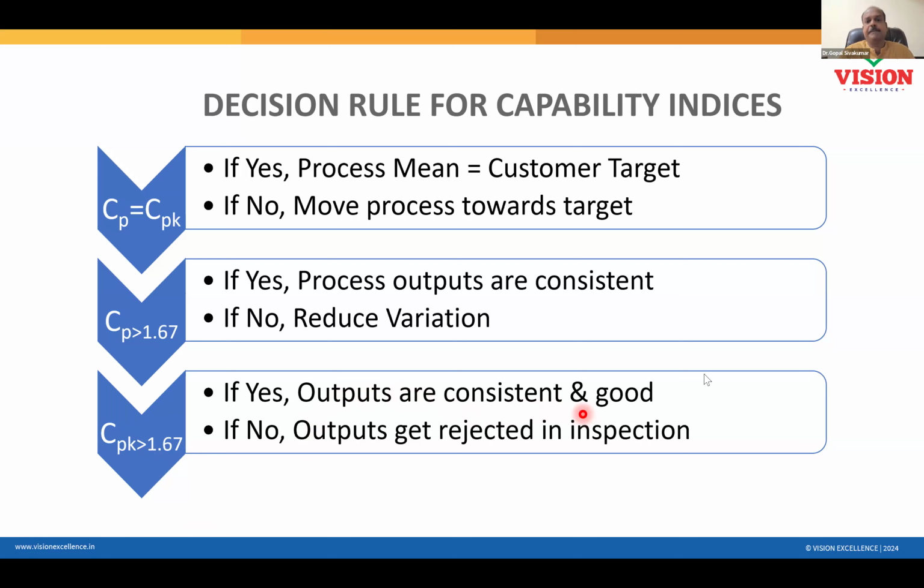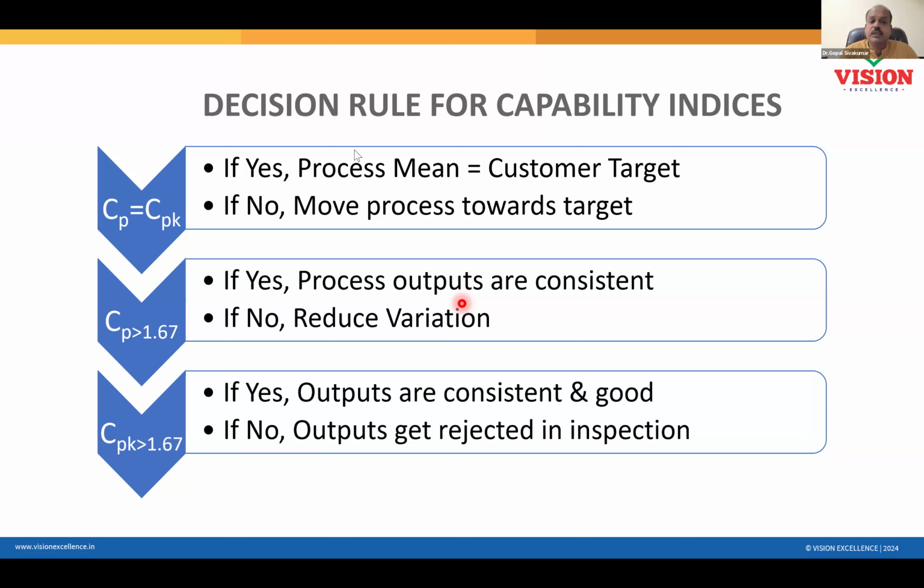But if you don't know anything about Cpk, and you only know Cp is more than 1.67, then you must conclude that your outputs are consistent. You should not say consistently good. Please note, there is a difference. Saying your outputs are consistent means you are getting the same, similar results.